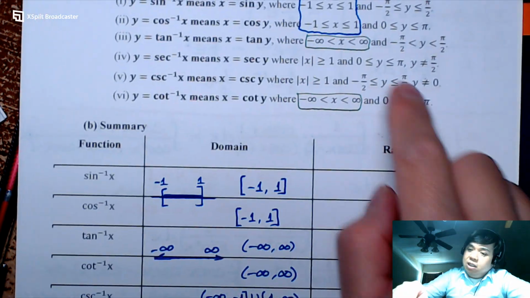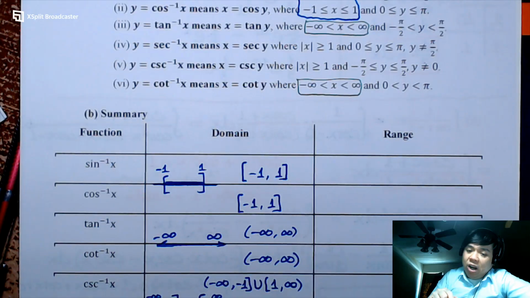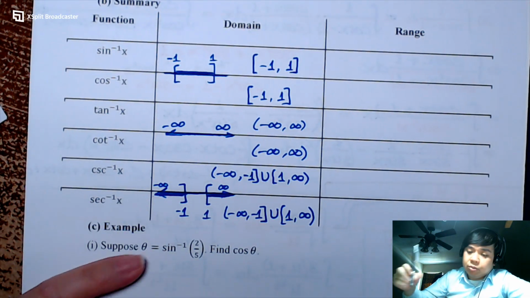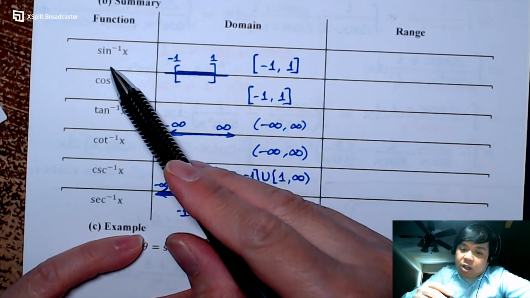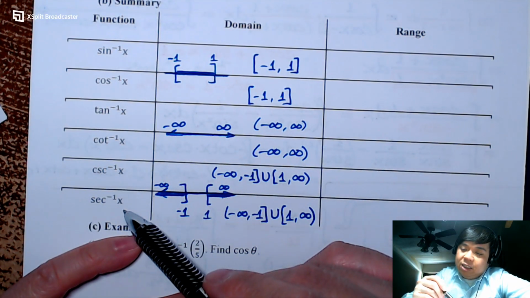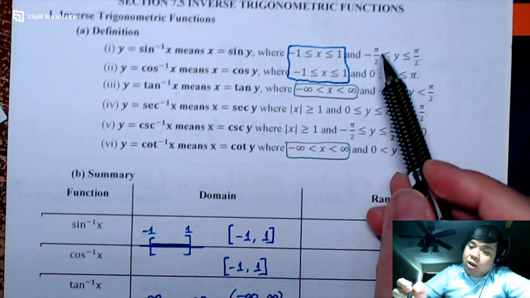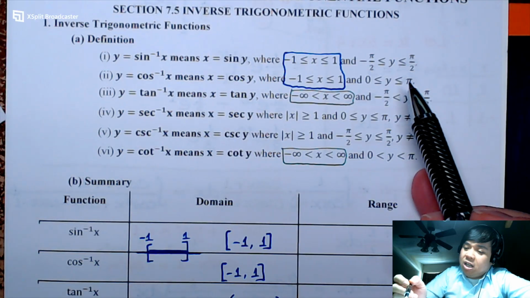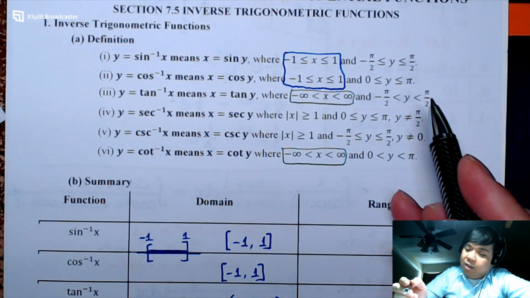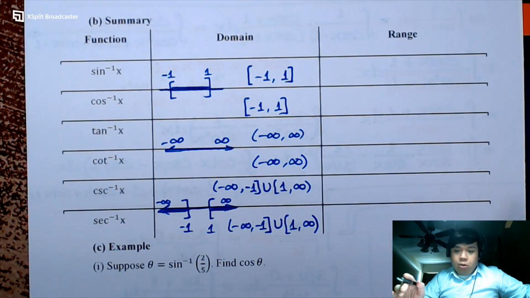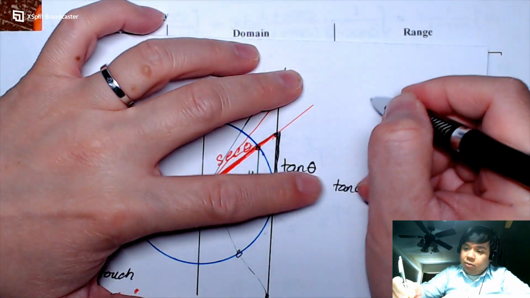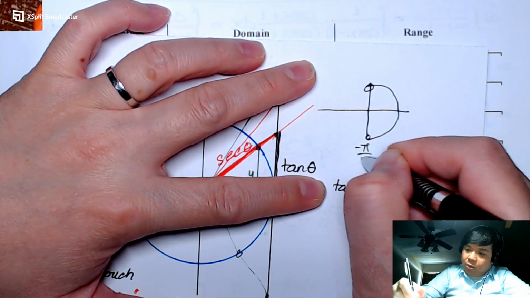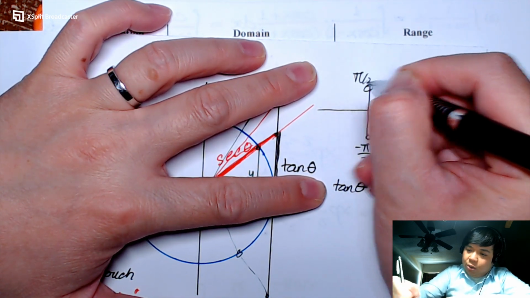And finally, the range for the inverse function. So for sine, tangent, and secant, those will be the same. So first we see -π/2 to π/2. So what quadrant is that? We have -π/2 to π/2.